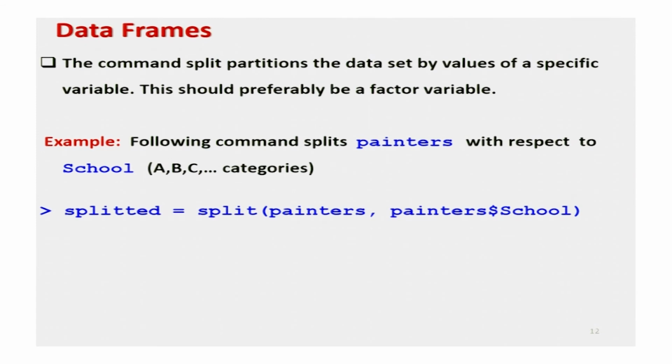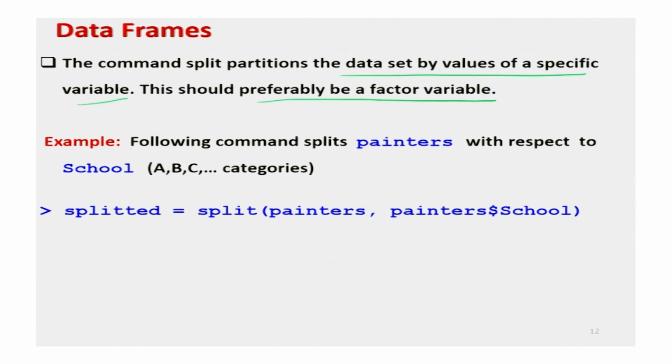In order to split the data set by a value corresponding to a specific variable, that can be done by the command split, and we always prefer to do this splitting for a factor variable. For example, school is a factor variable and the values are A, B, C, D, E, F, G, H.